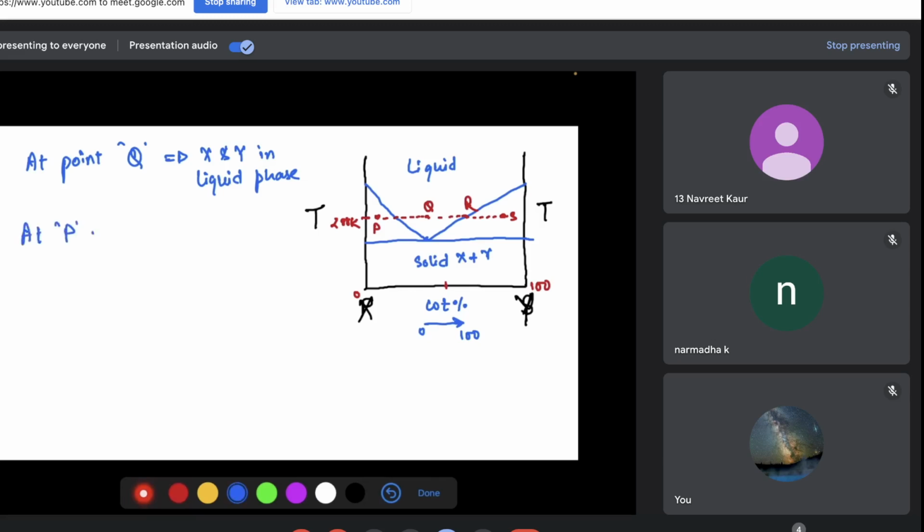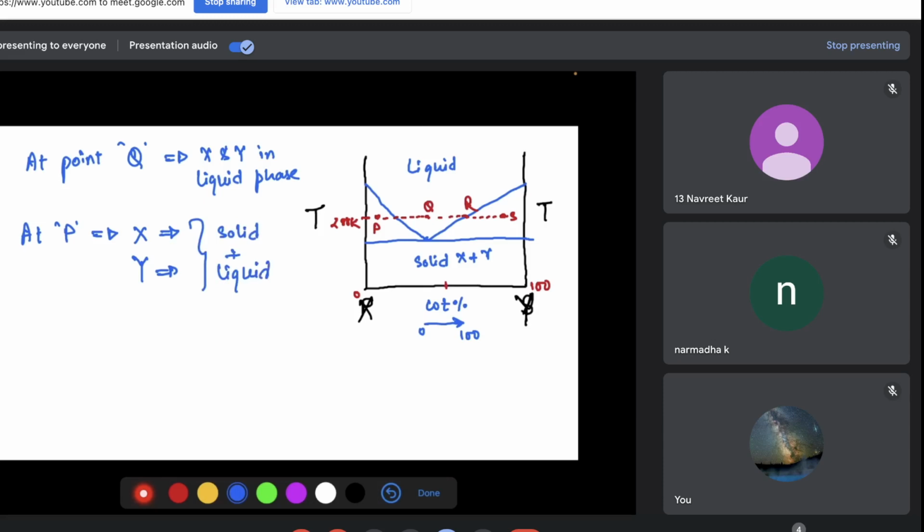My X is the starting here, so it will be more of X, correct? And my Y is adding up. So we can say that it is in a solid plus liquid region.